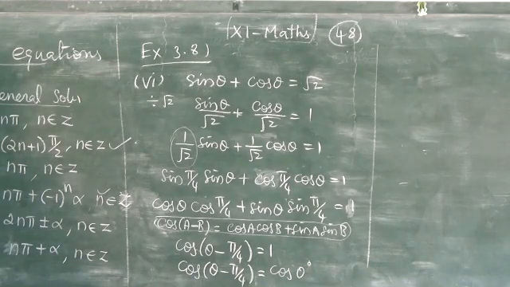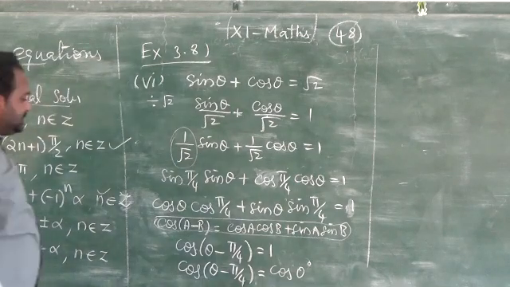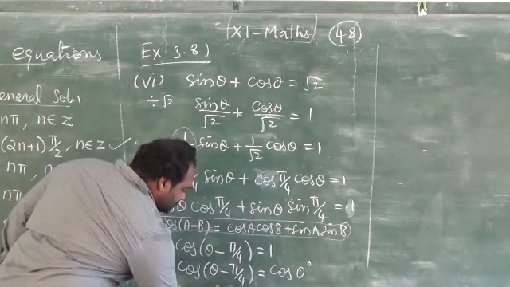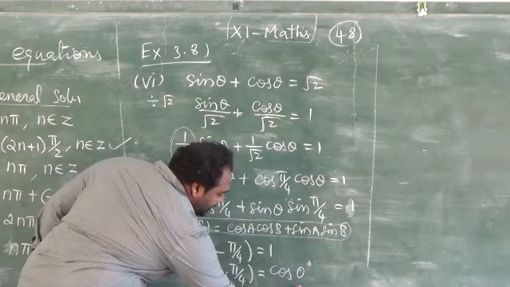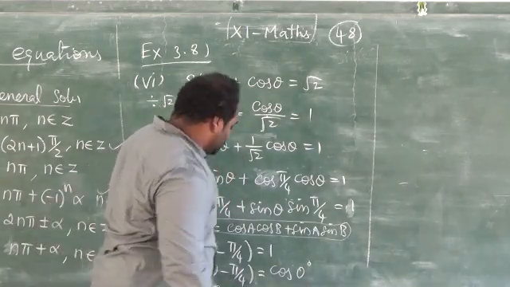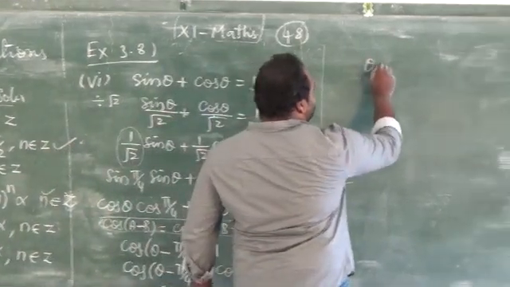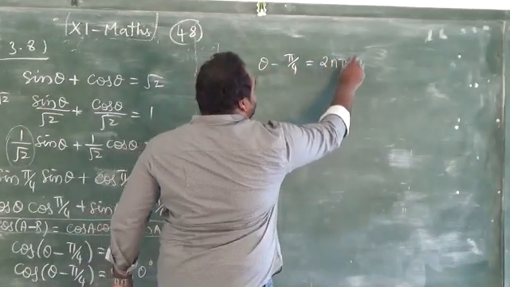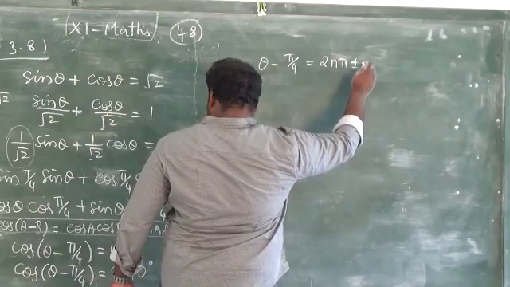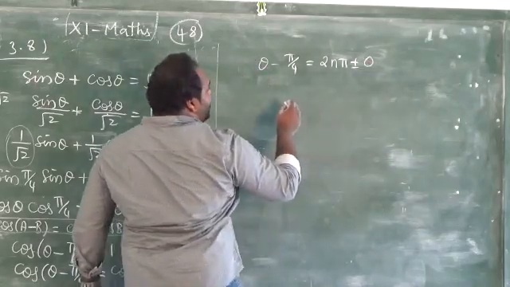So this is the form of cos theta equal to cos alpha. What is the solution of cos theta equal to cos alpha? Theta is equal to 2n pi plus or minus alpha, where n belongs to Z. This formula I am going to use here. Here theta minus pi by 4 equal to 2n pi plus or minus alpha, and alpha is 0.